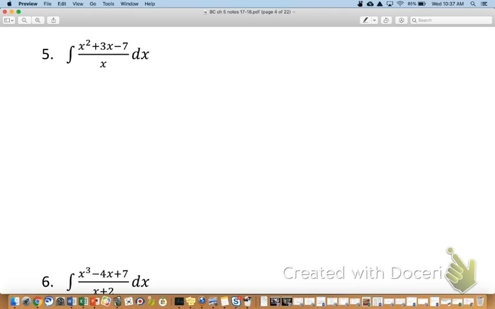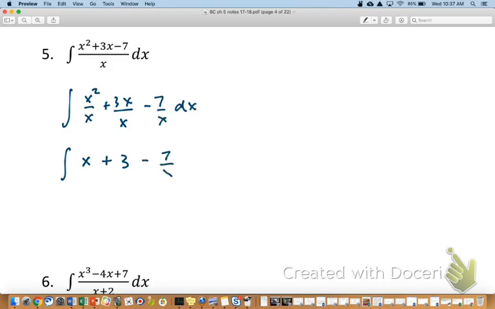Number 5 is the simplest version of division, right? If you wanted to, you could rewrite this as this. You basically could just divide an x out of everything, or you could flip the x up and distribute it. The bottom line is once you simplify it, don't you get x plus 3 minus 7 over x for your simplified integrand? So I mentally just split up the numerator over the denominator, do some quick canceling, and that's pretty straightforward.